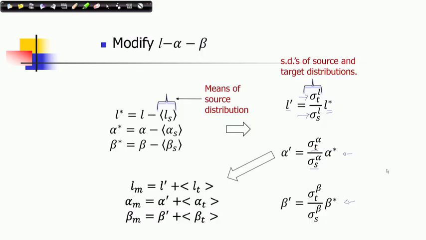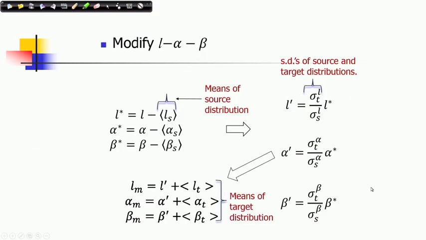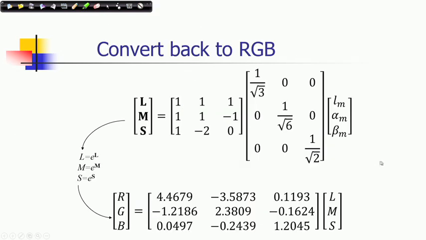And now, the rest of the job is that you perform the inverse transformation to take all these components back to the RGB domain. For that, you should follow the inverse operations.